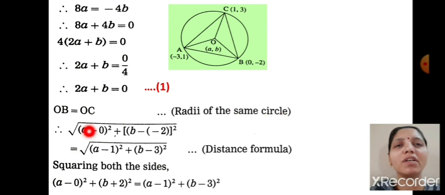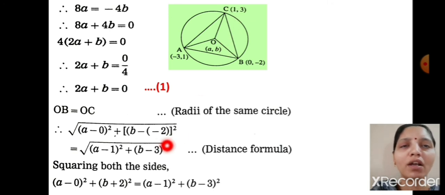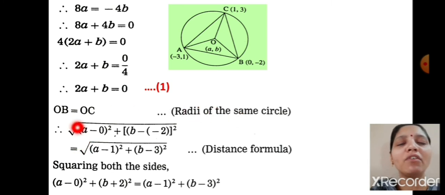So by using the distance formula, square root of (A − 0) bracket square plus (B − (−2)) bracket square is equal to, now distance of OC, square root of (A − 1) whole square plus (B − 3) whole square. Now squaring on both sides, this square root sign will get removed.